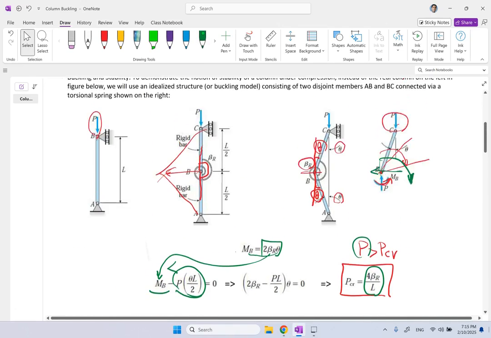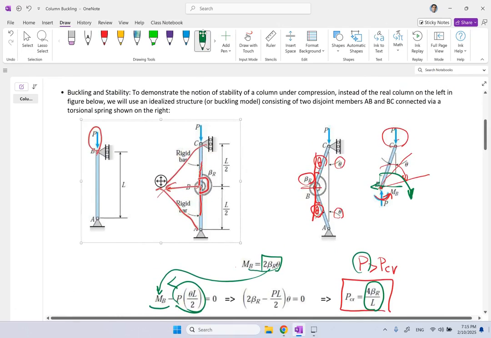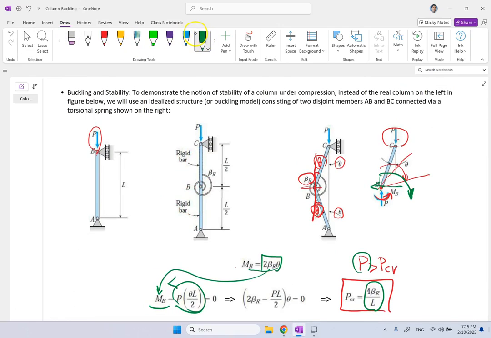Now, one thing we have to pay attention to is, regardless of how much P is, if the system is initially perfectly upright, so these two have 180-degree angle between them, clearly the sum of the moment about point B is going to be 0. Because this P is passing through B and these two members have not changed angle, so this is 0.